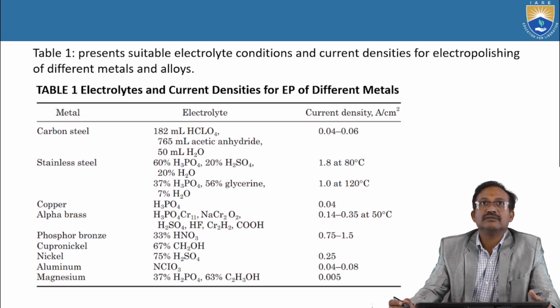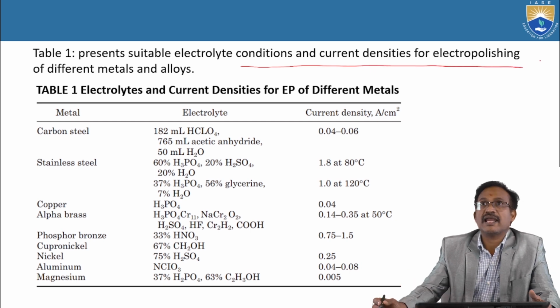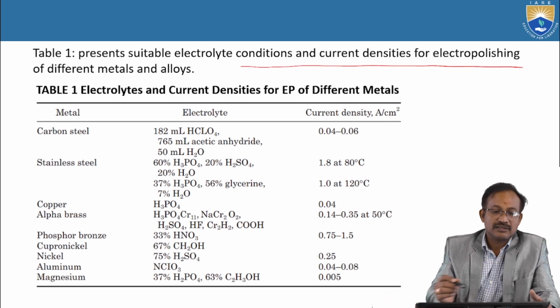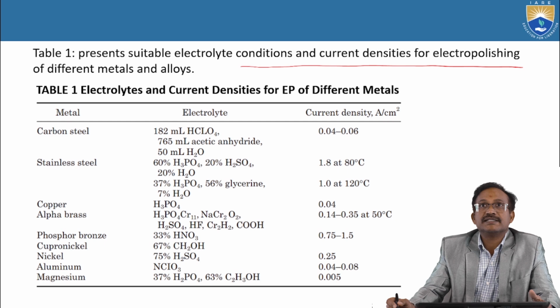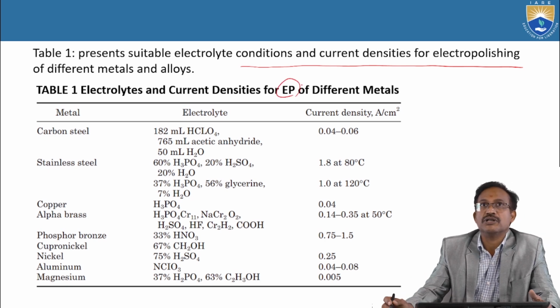Table 1 presents suitable electrolyte conditions and current densities for electropolishing of different metals and alloys. Table 1 represents electrolytes and current densities for EP of different metals. Here EP means electropolishing.